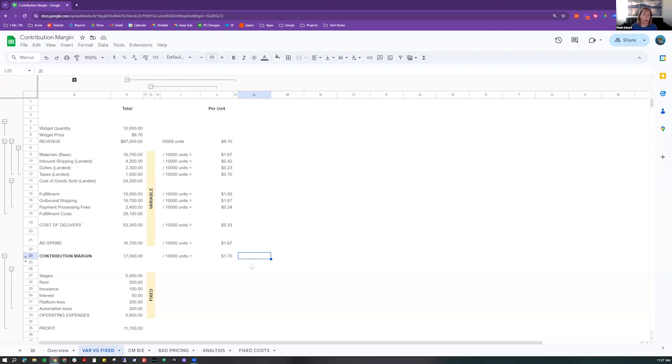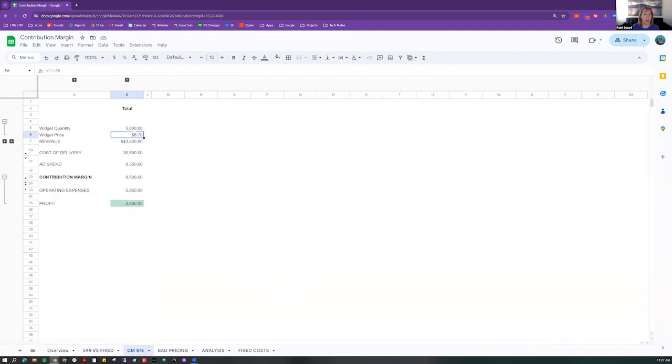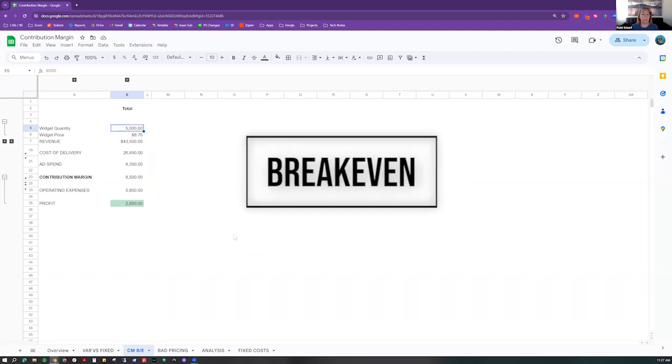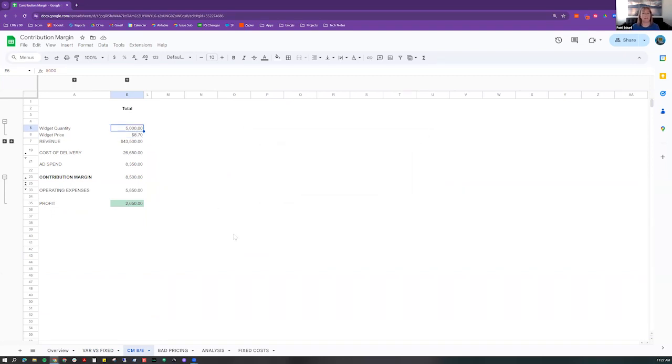All right, so the first thing that you can do is you can take a look at your break even. So this is a very simple case. Again, it assumes one widget, one price, selling in one place. And let's say you are selling 1,000 units, you're going to have a loss. If you're selling 5,000 units, you're going to have profit.